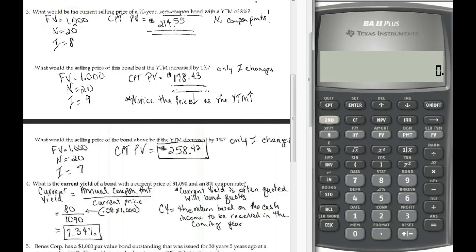It can be an attractive feature for some investors, especially those that maybe don't want to worry about, for tax purposes, reporting those coupon payments every year. So how do you plug this into your calculator? I think it's pretty straightforward. The solutions are all there for you. A couple of things to note. There is no semi-annual rate adjustment with these because there's no coupon payments.